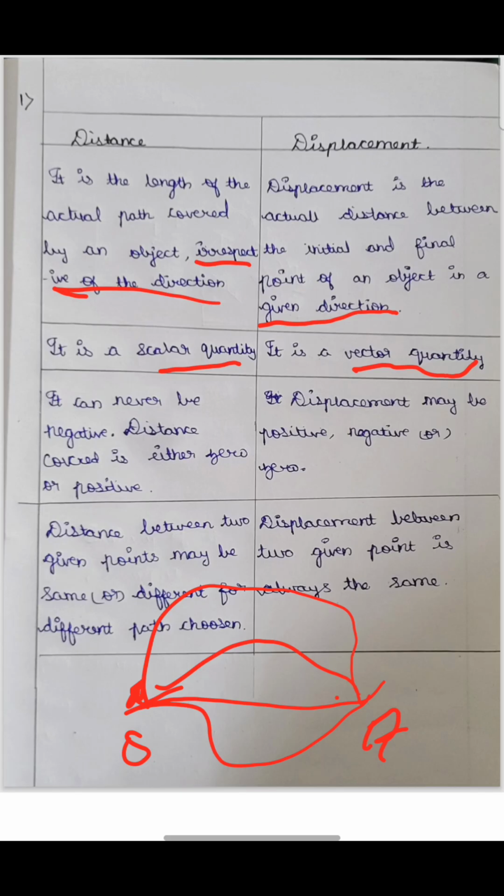But the displacement, it is not the same case. The displacement is nothing but the shortest distance between the starting point and the final point. So in displacement there can never be different values. It is always the same value.